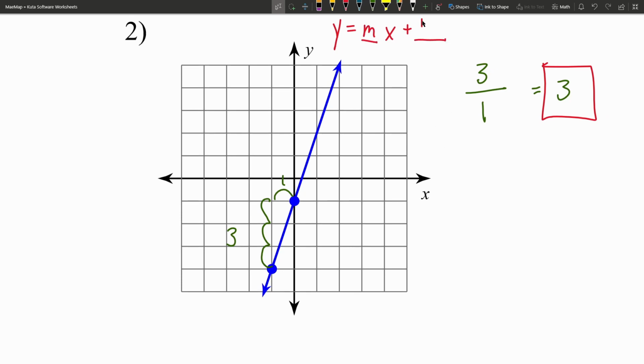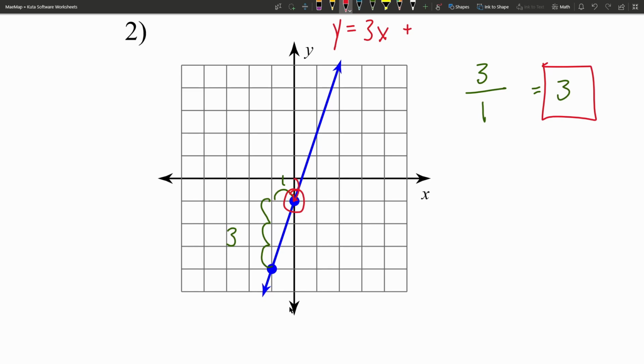So mx plus b. Our m, in this case, we already solved, was a positive 3. So I'm just going to go ahead and fill that in. So we have y equals 3x plus, what's our y-intercept? Our y-intercept is where we cross the y-axis, which obviously occurs at x equals 0 because that is the y-axis, and that y value is a negative 1.